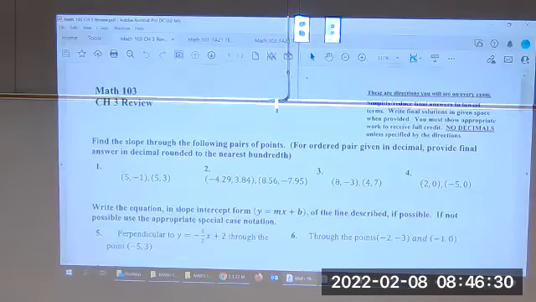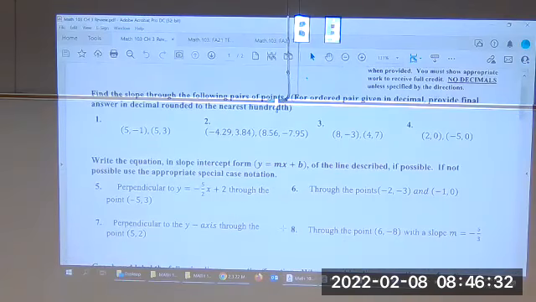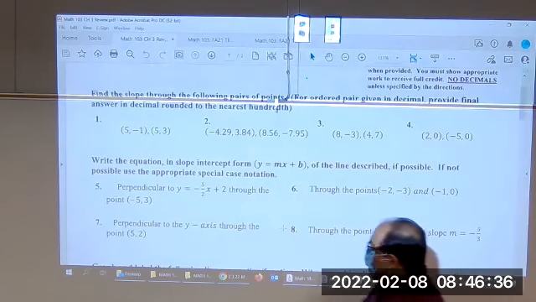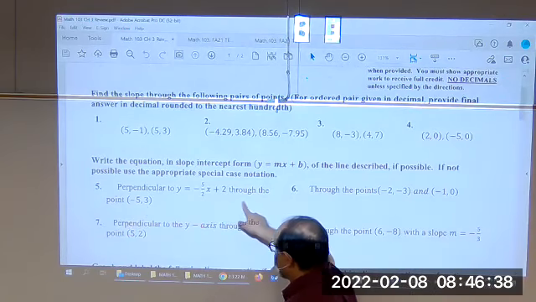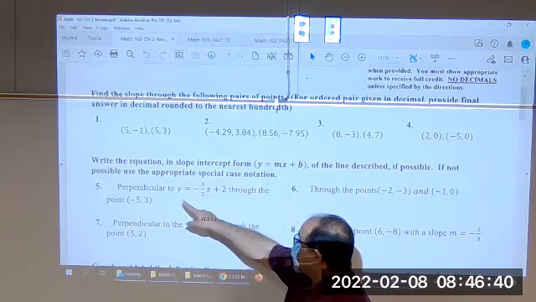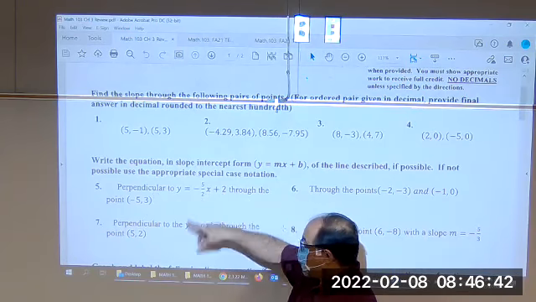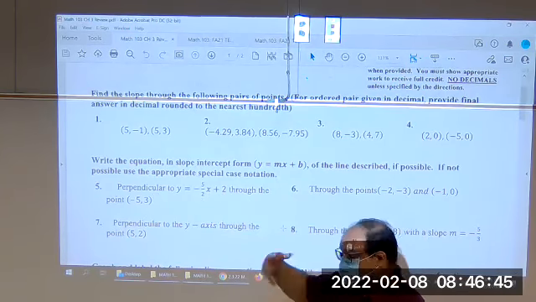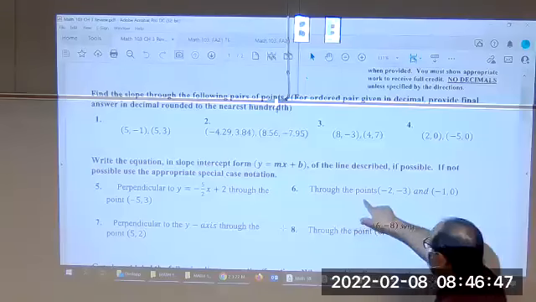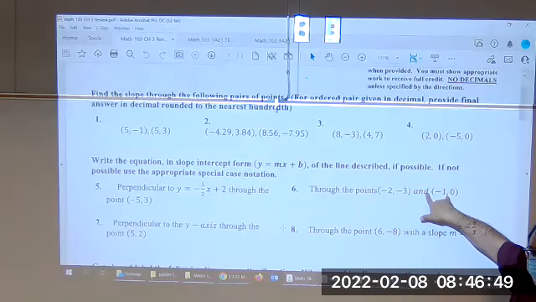I apologize for going back and forth. But on the review sheet, you are not just given a slope here. Perpendicular to this line, so you're kind of given it, but you're not just handed the slope. Through these 2 points, this is just like the quiz. But you're not given the slope. We've got to calculate the slope through the points.